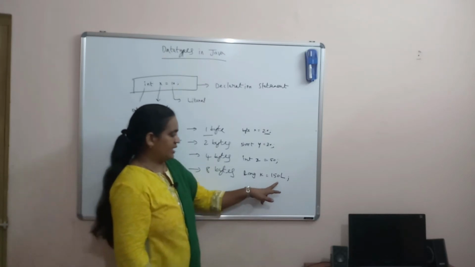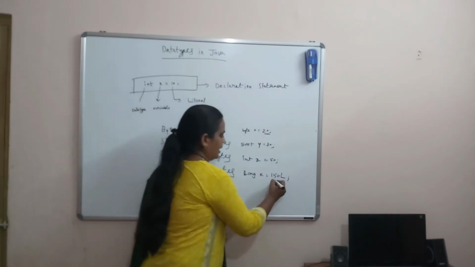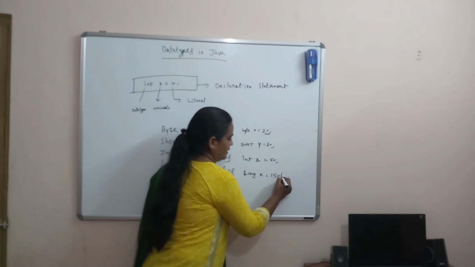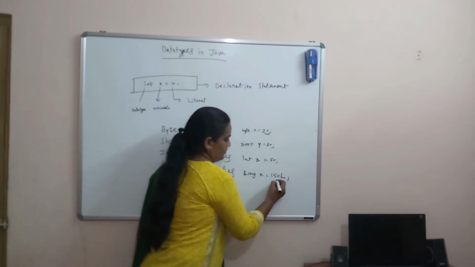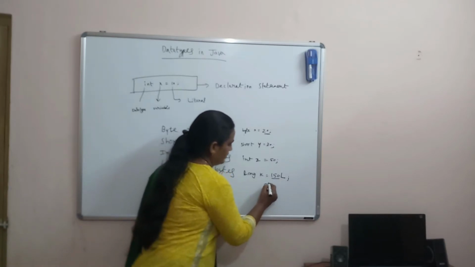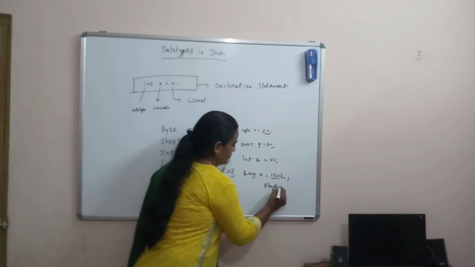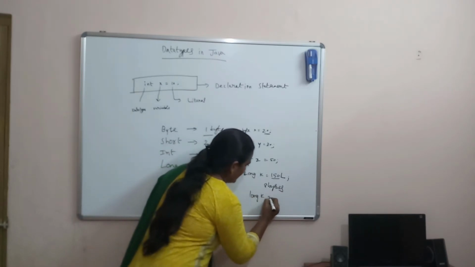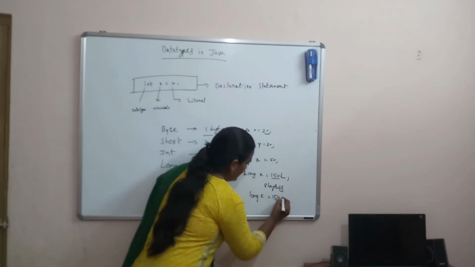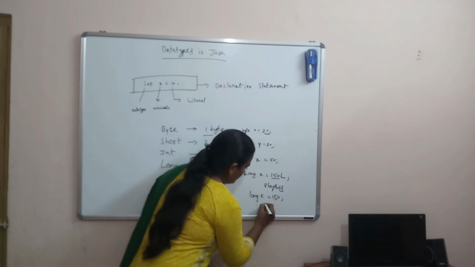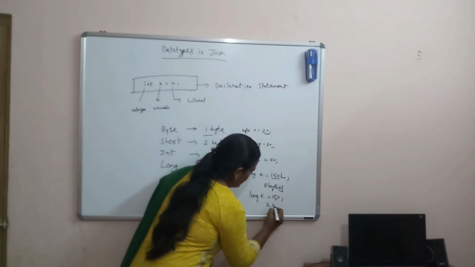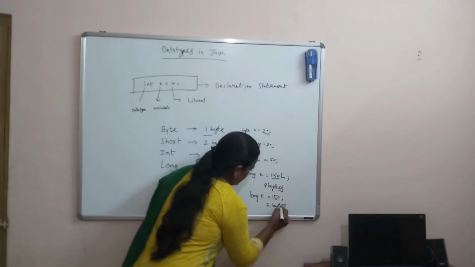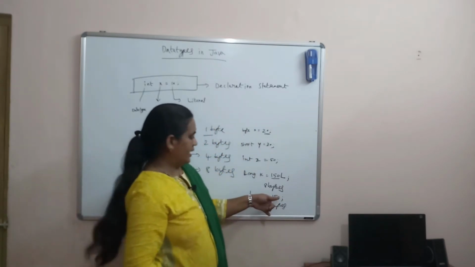This time the Java compiler identifies this L at the end of the literal, so that's why it takes 8 bytes of memory. But for the same value 150 without L, only 2 bytes of memory is enough to store the value 150.